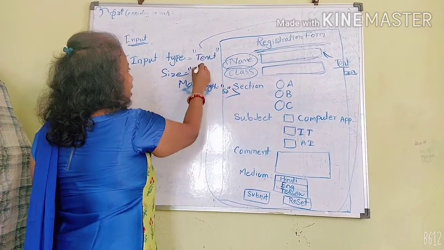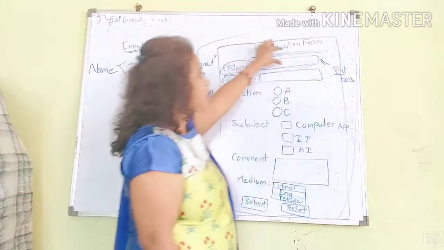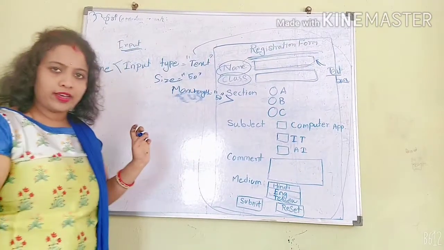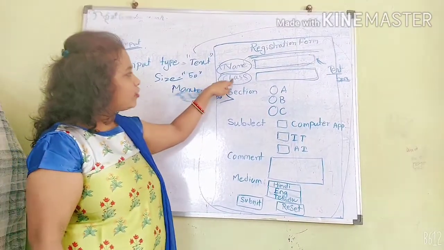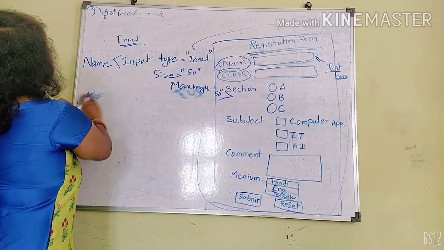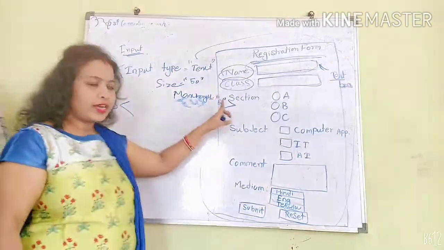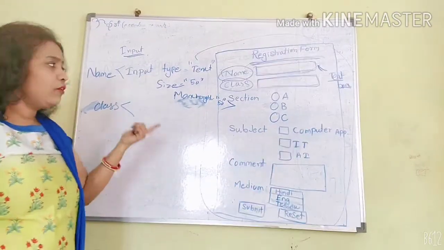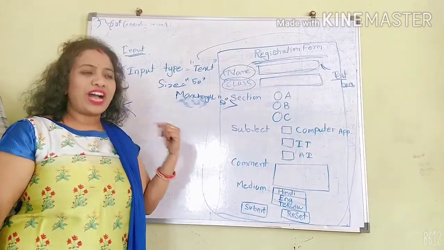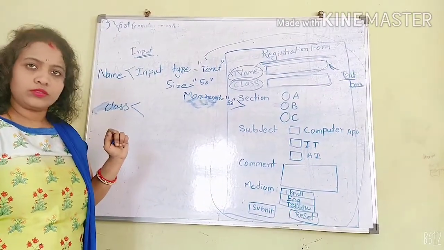Here you can put the size. This shows the size of the text box. Clear? In the same way we can design the class field also. And in a similar way we can use the password field by using the text box.